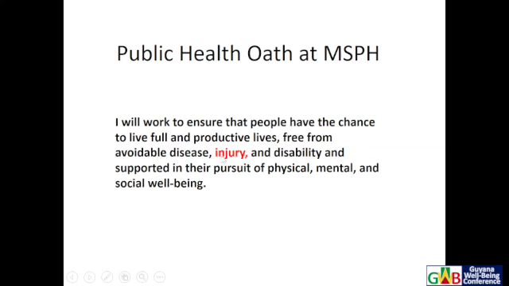What's missing is injury, because you're talking about disease and disability, and injury is the leading cause of death for children and young adults. So I went to the dean and asked her to add the one word, injury, to the public health oath. Fortunately, she accepted my recommendation and made the change.